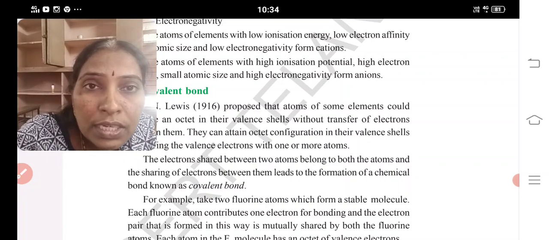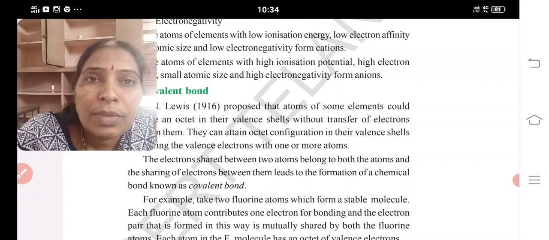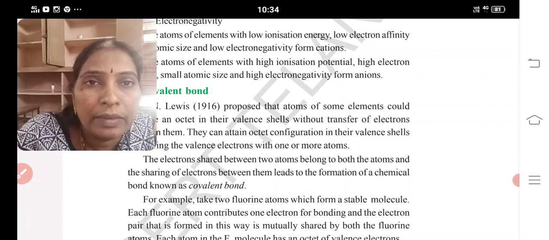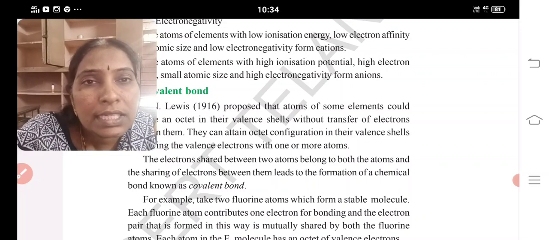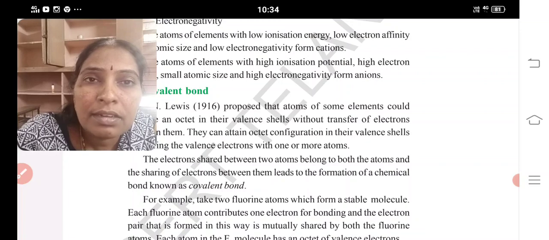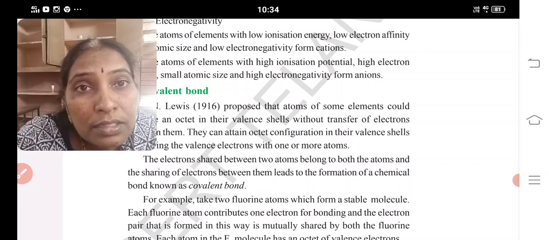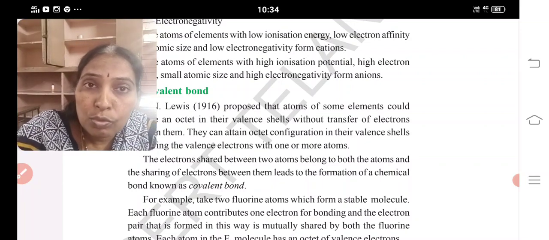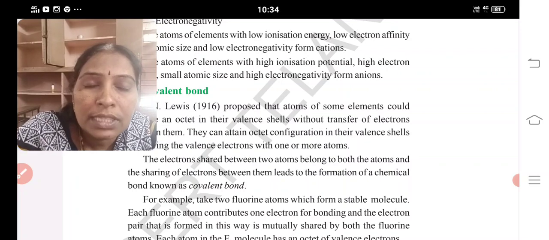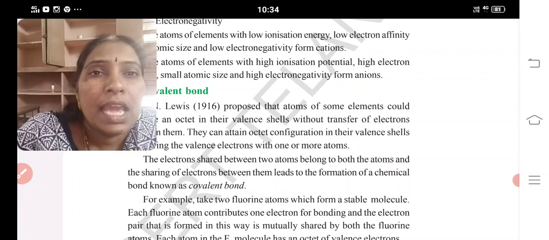And chlorine atomic number is 17. Its configuration is 2, 8, 7. It means one electron is less in the third shell. Losing 7 electrons is difficult, but getting 1 electron is easy in the case of chlorine. But in the case of sodium, losing 1 electron is easy because in the third shell it has only 1 electron.